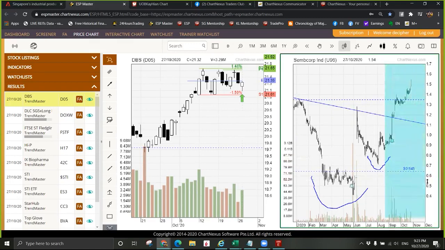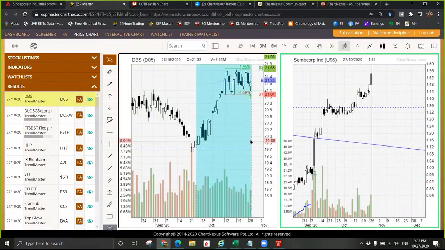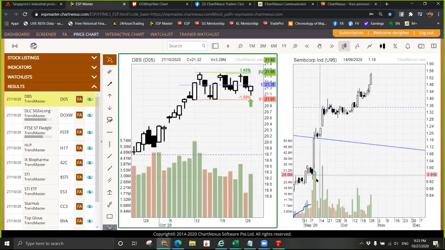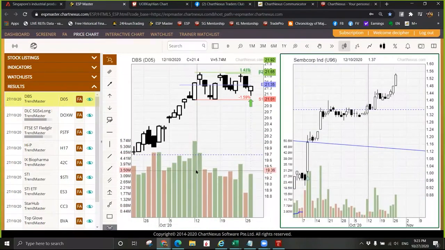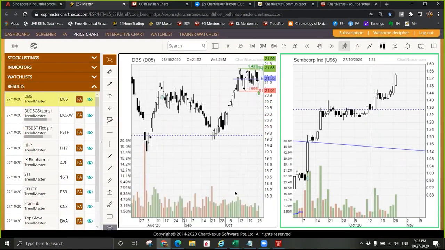You will see the transaction volume is not as easy to spot as Sembawang Corp Industry, isn't it? So therefore, the same method cannot be applied on charts like DBS when the transaction volume doesn't give you a clue whether the buyer or seller is in control in this stock.